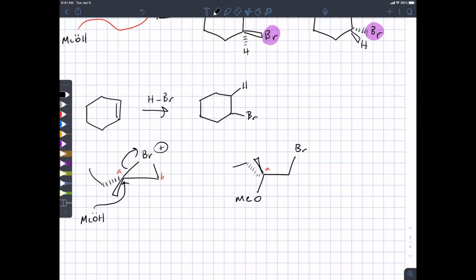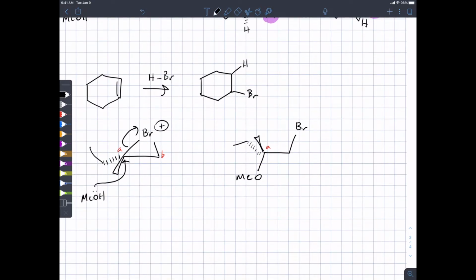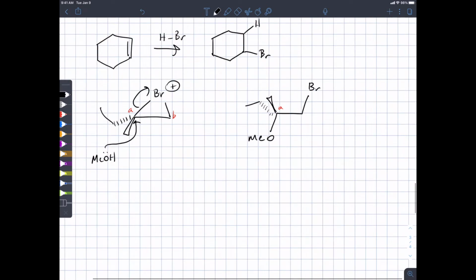If we were to look at this reaction from a slightly different view, we might have drawn the same bromonium ion this way, and we might have drawn methanol attacking that bromonium ion. Br would be here.